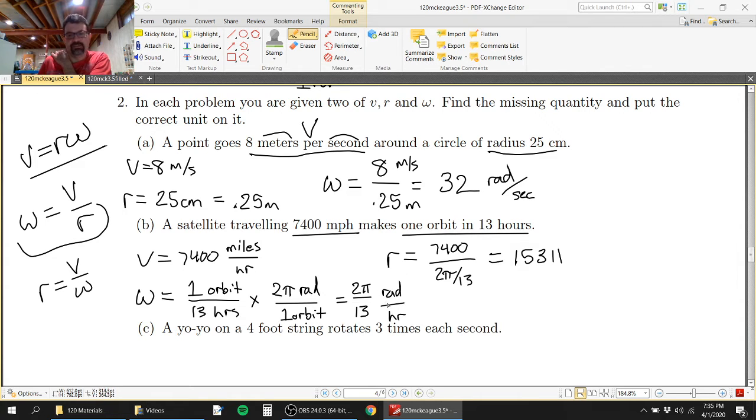And now again, radians is this ratio or a scalar that turns an arc length into a radius. But another way to look at this is just that it's a radius. It's just a distance. What's our distance unit? And that would be miles. So apparently, in terms of distance from the center of the Earth, this satellite would be that far from it.